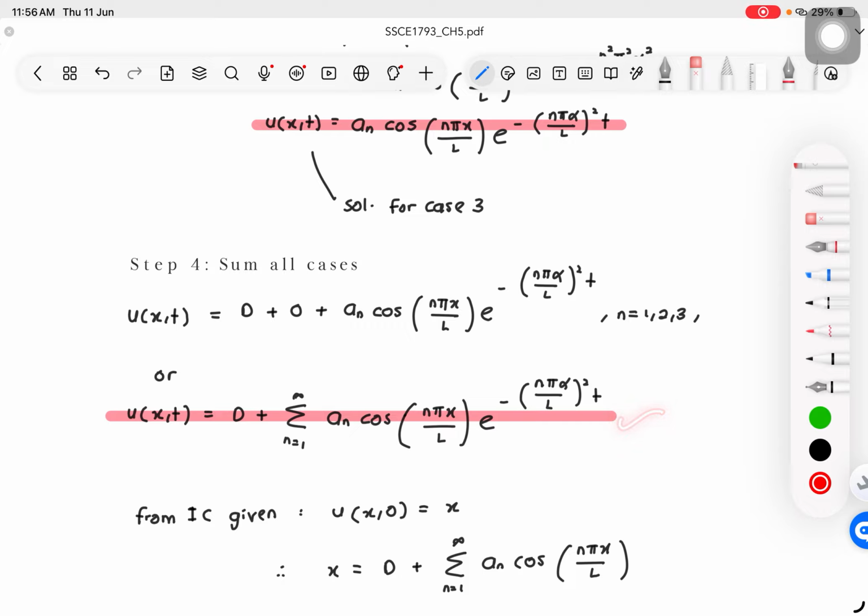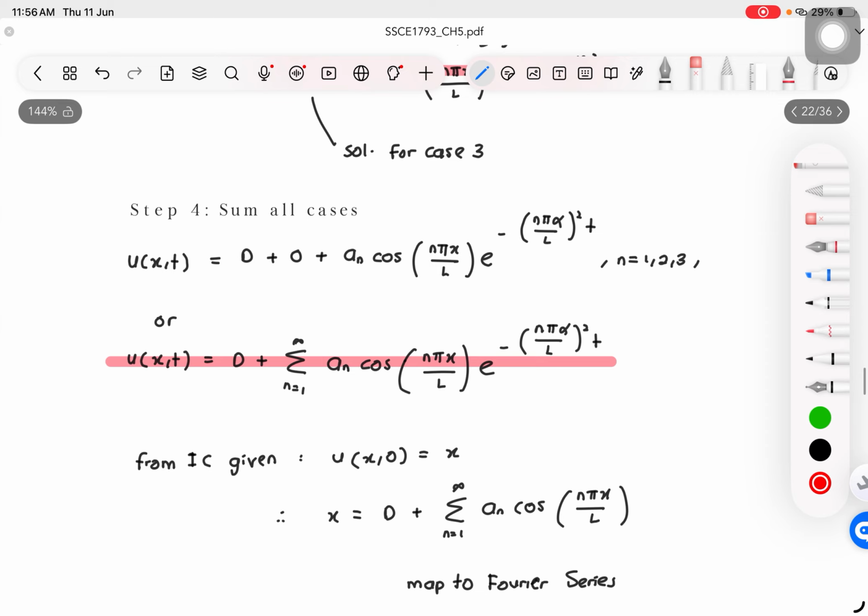After you get the solution for u, we will use the initial condition given in the questions where u at 0 is equal to x, so meaning that this is your f(x).